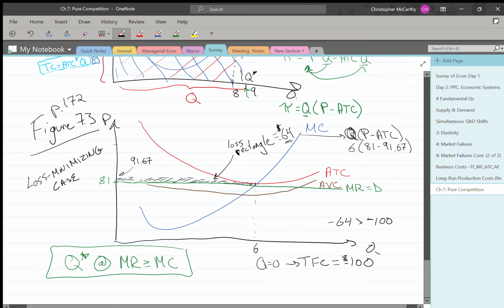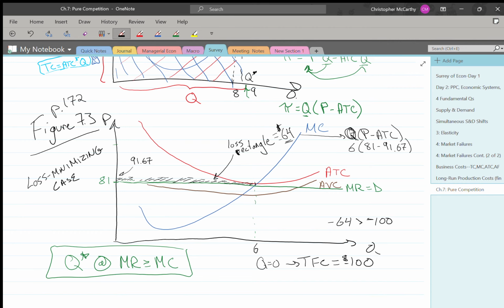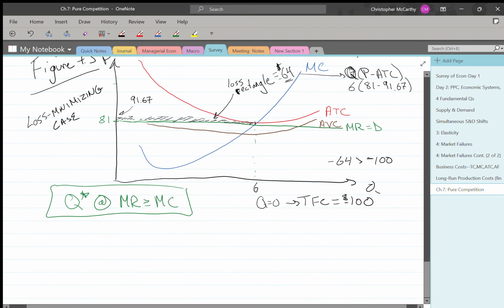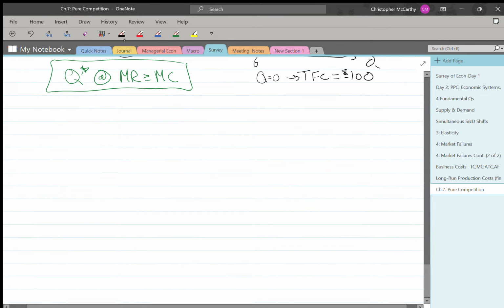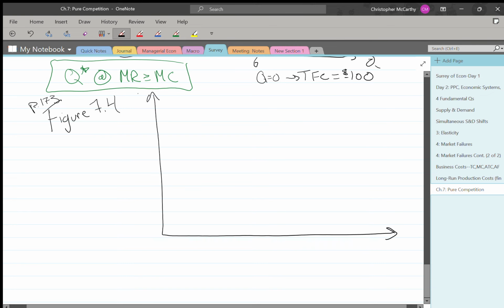Now let's go ahead to the shutdown case, which is figure 7.4 on page 173 of the text.